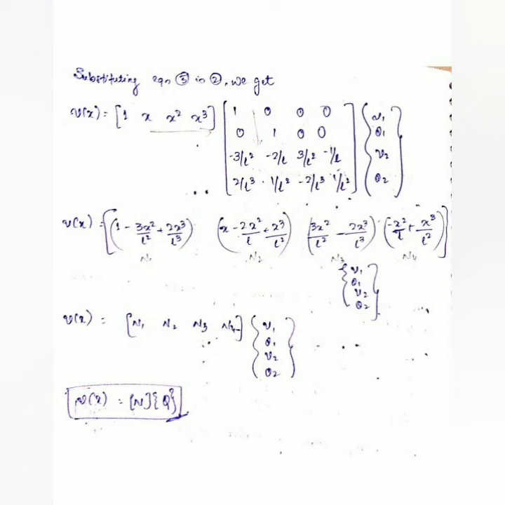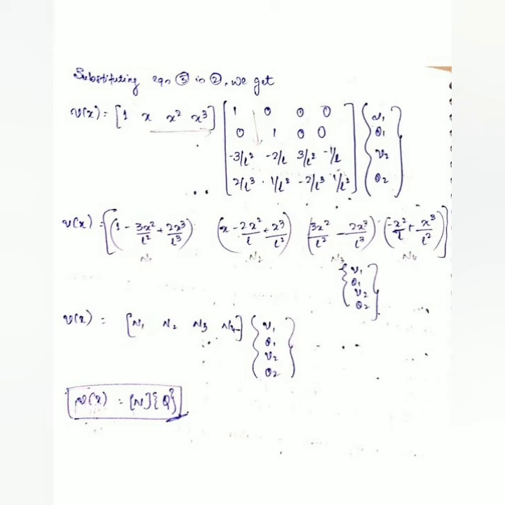Substituting equation 5 in equation 2, finally we will get v of x equals, in bracket, n1, n2, n3, n4, multiplied by one more matrix, v1 theta 1 v2 theta 2, at the end. This matrix n1, n2, n3, n4 is the shape function matrix, which is represented by matrix N, and v1 theta 1 v2 theta 2 is the displacement matrix.